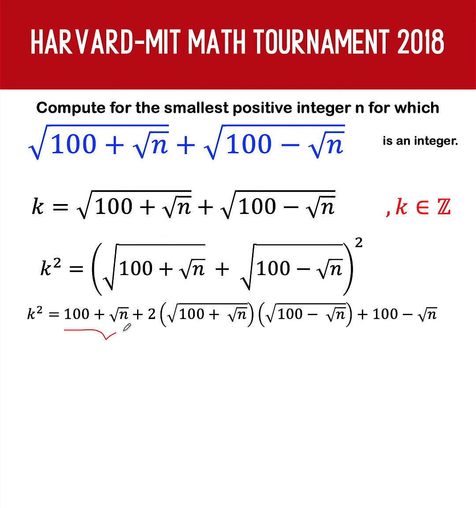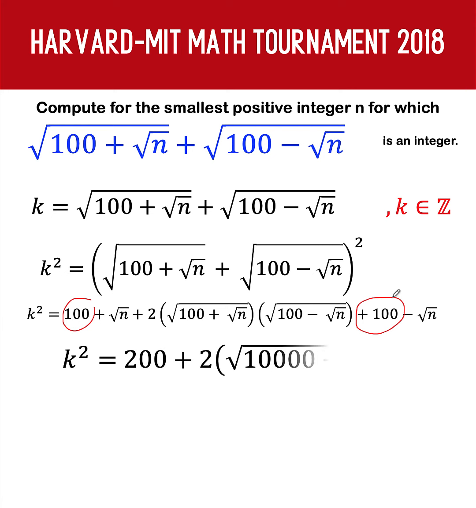So this part here is the square of this first term. This part here is the square of the second term. This middle part here is twice the product of the first and the second terms. Now notice that this 100 plus this 100 becomes 200. Then this square root of n minus itself is 0.